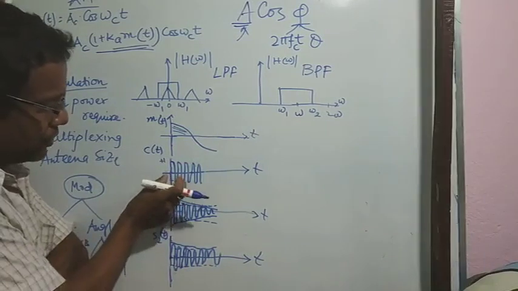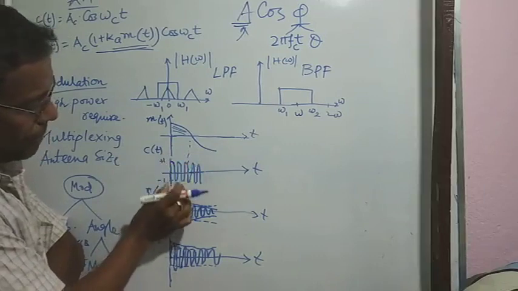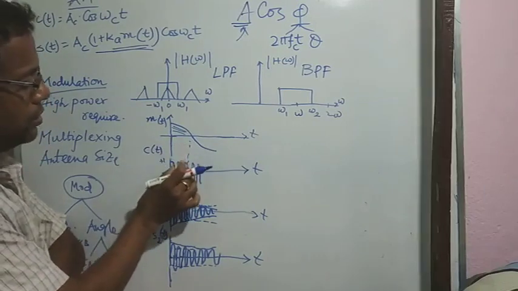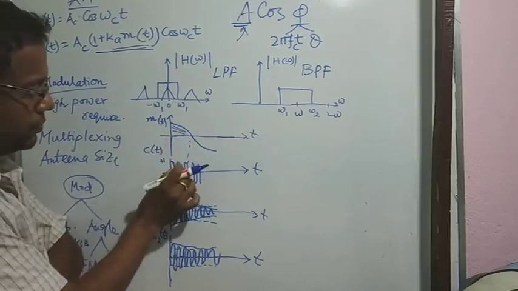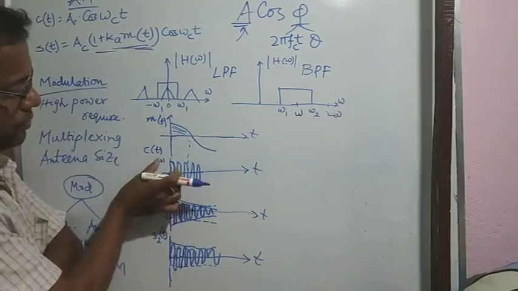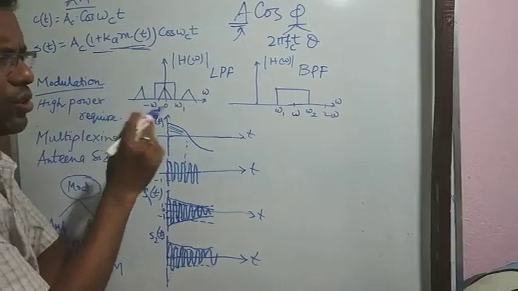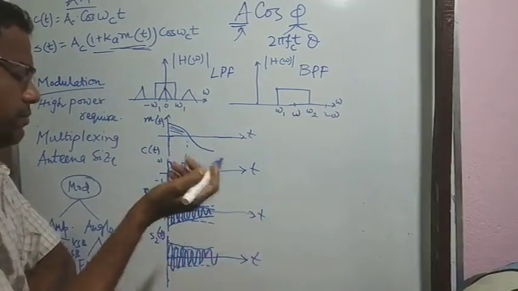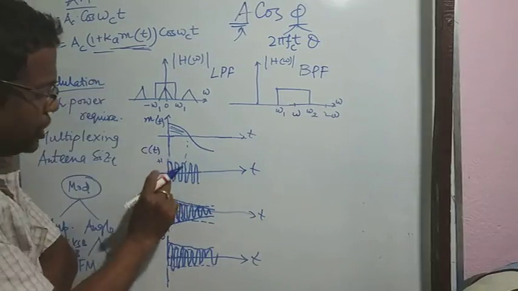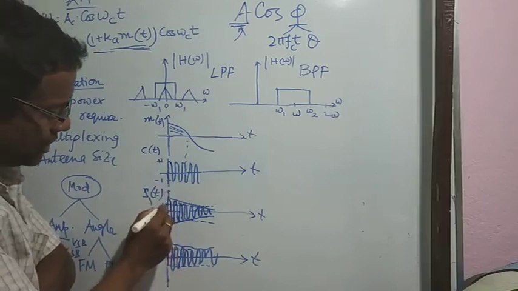The amplitude of the carrier signal will increase because it will be added by Ka, any value we will consider. You can consider 0.1, 0.2, 0.3, anything. That is, the amplitude of the carrier will increase here.